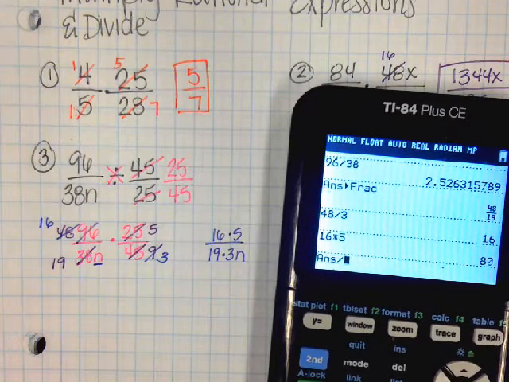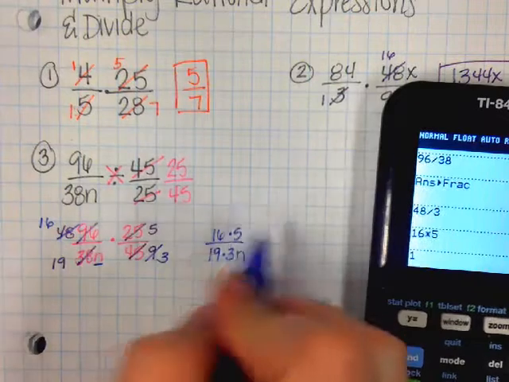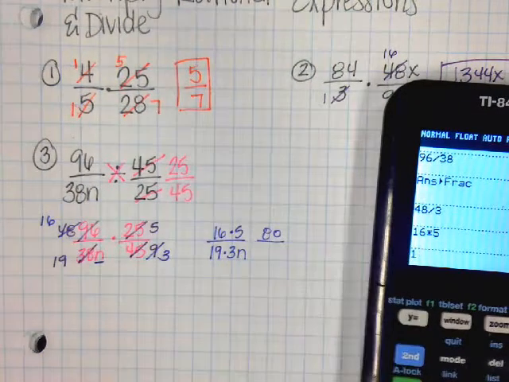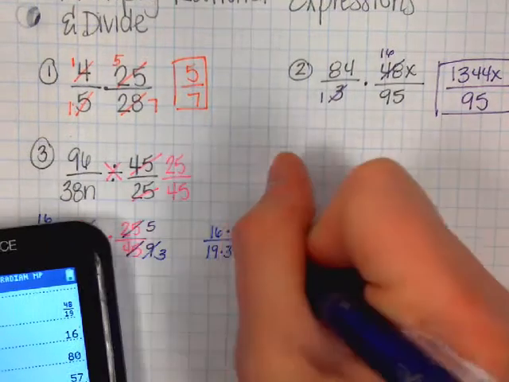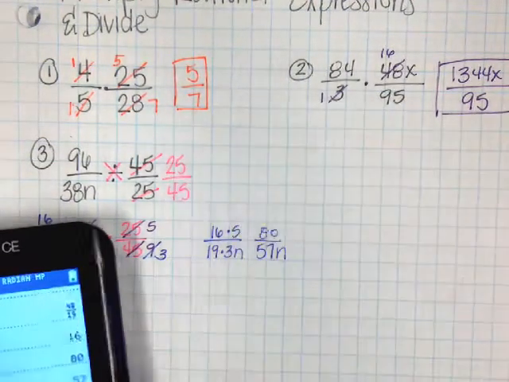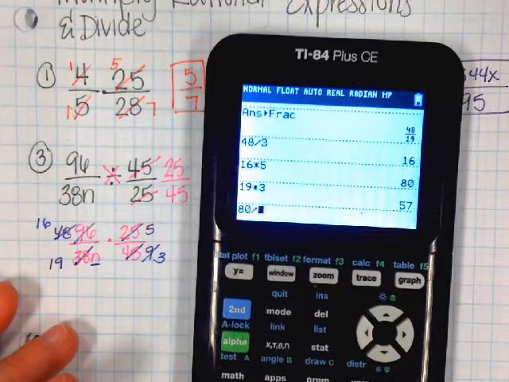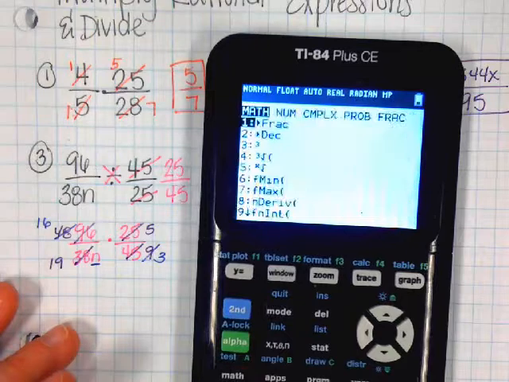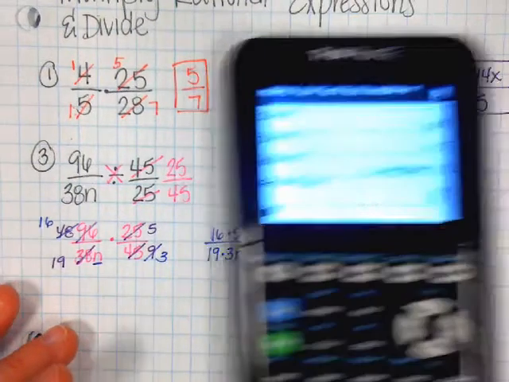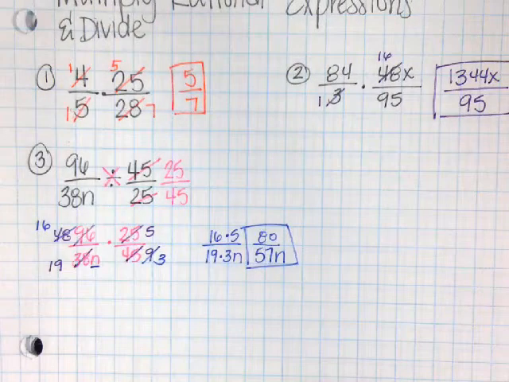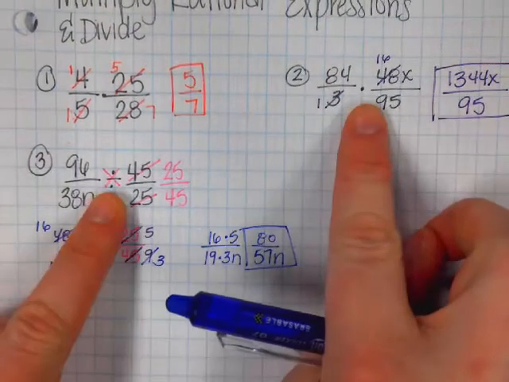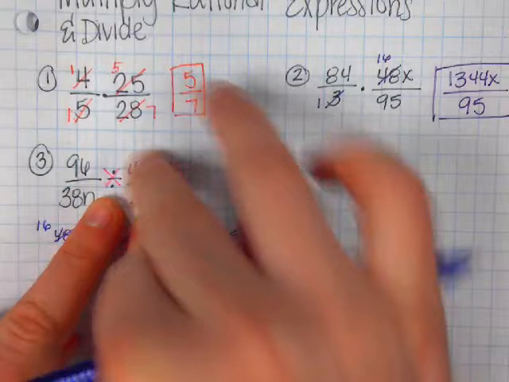So 16 times 5 is 80, over 19 times 3 is 57n. Again, if you are unsure, if you think you might have missed another place to simplify, type it in. I didn't, so that's my final answer.